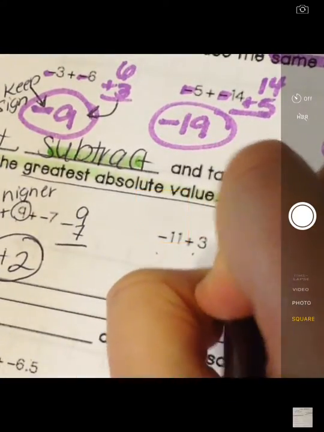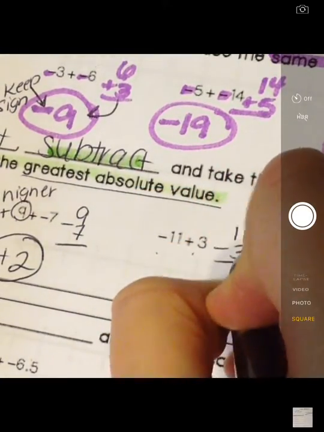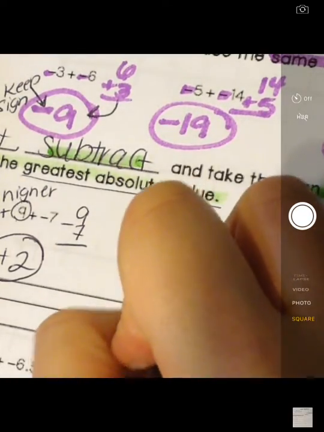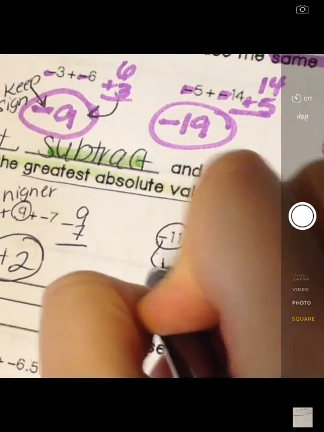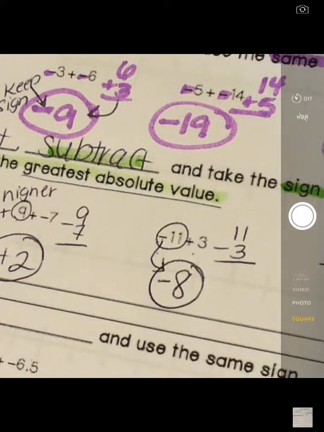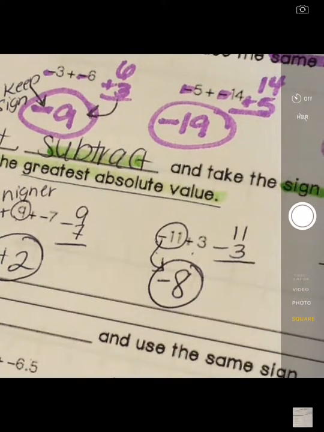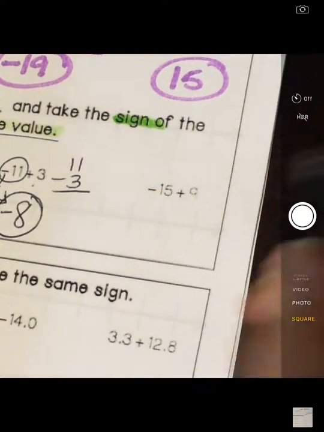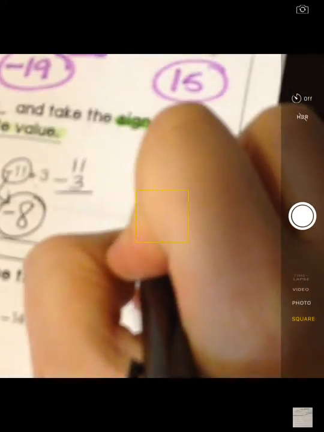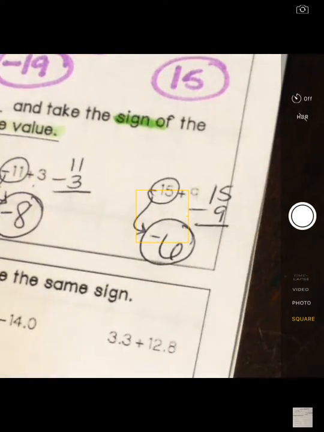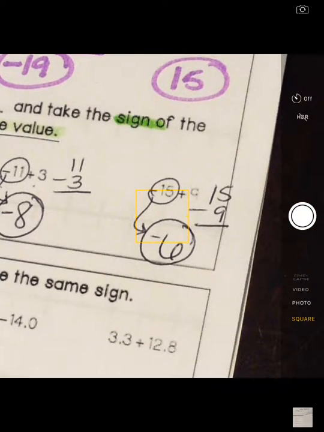Different signs, so subtract. 11 minus 3 gives me 8. 11 is the higher absolute value, and it has a negative, so it will be a -8. Different signs, so 15 minus 9 leaves me with 6. 15 is the higher, and it's got a negative. So my answer would be -6.